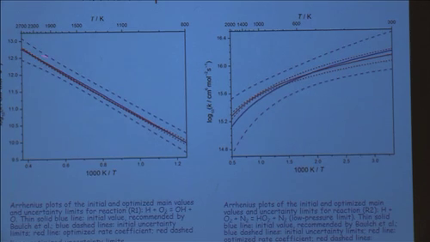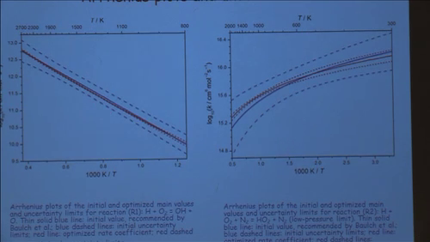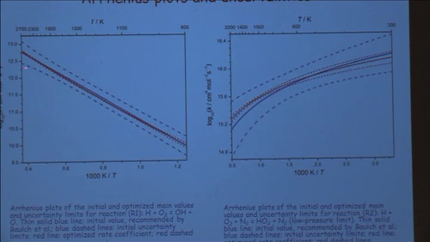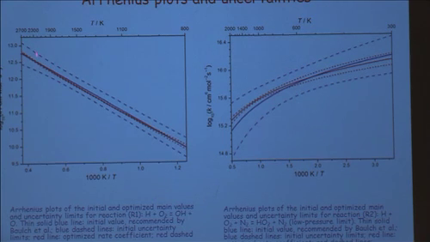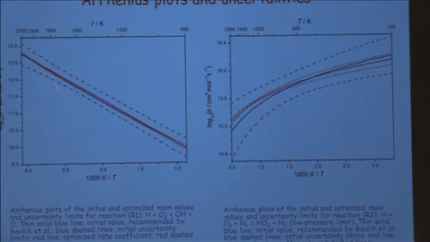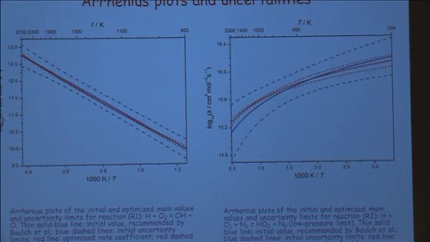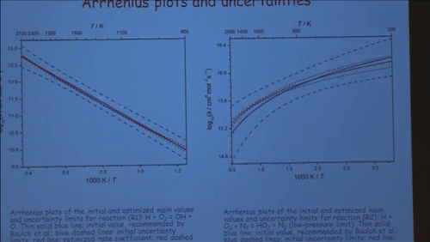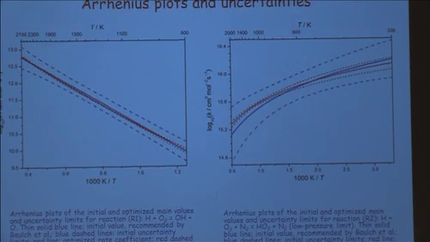Then what he does is he takes both the direct and the indirect measurements, and he fits to those using a Monte Carlo method and making sure that these rate coefficients stay within this range. And this is what he finishes up with. So the full red line, which is very close to the full blue line, is his new recommendation.